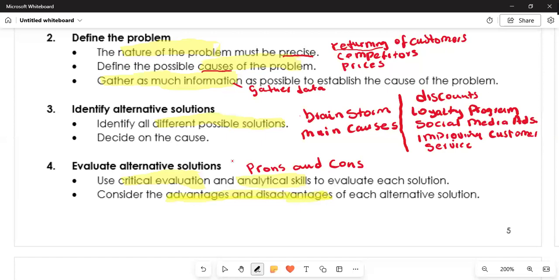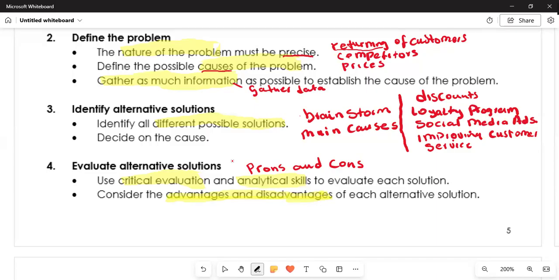So what are we going to analyze? We are going to analyze those solutions that we identified in step 3. And then we have to consider the advantages and disadvantages of each solution that we have identified in step 3.